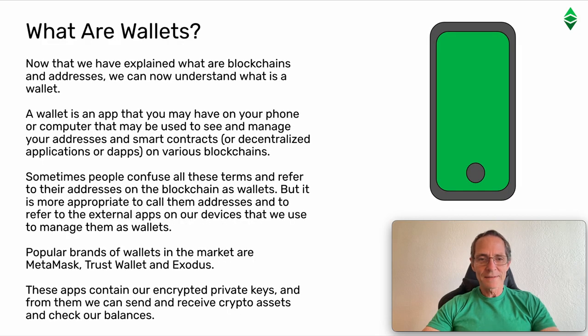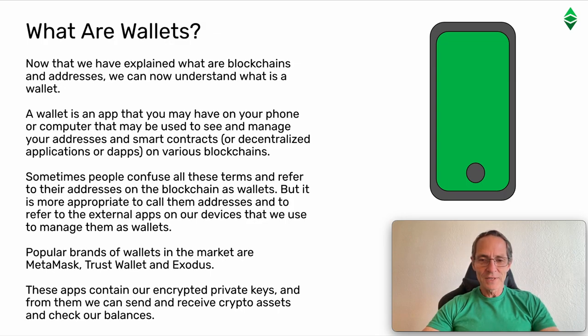What are wallets? Now that we have explained what blockchains and addresses are, we can understand what a wallet is. A wallet is an app that you may have on your phone or computer that may be used to see and manage your addresses and smart contracts or decentralized applications, or dApps, on various blockchains.